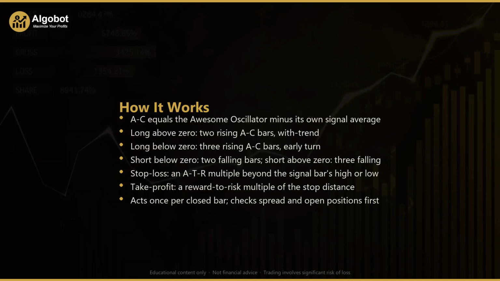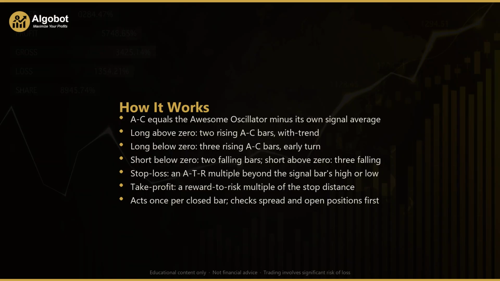Here the accelerator is still below zero, but it has turned upward across 3 rising bars, so AC0 is greater than AC1, greater than AC2, greater than AC3. That extra bar is the whipsaw filter for catching an early turn before the zero line is reclaimed. The short side mirrors this exactly. If the accelerator is below zero and falling across 2 bars, that is the with-trend short saucer. If it is still above zero but falling across 3 bars, that is the early turn short saucer.